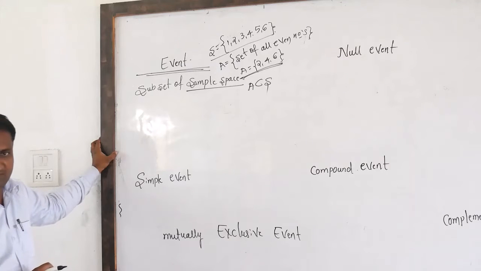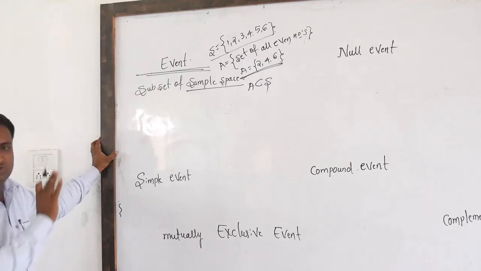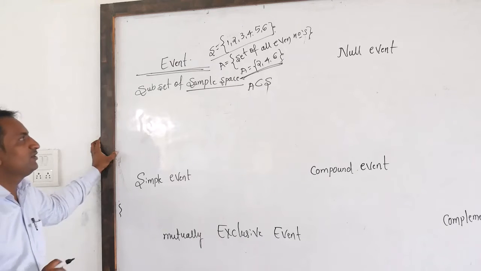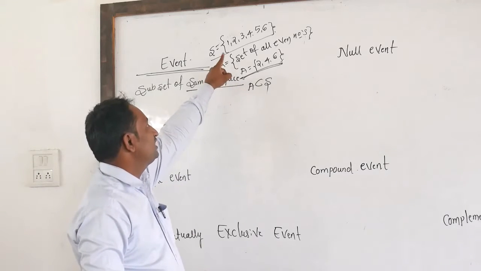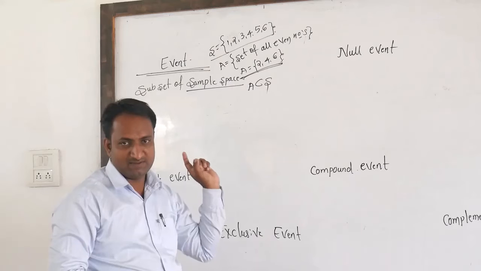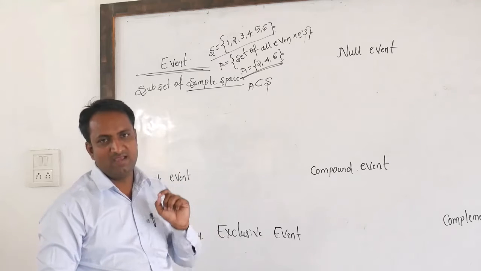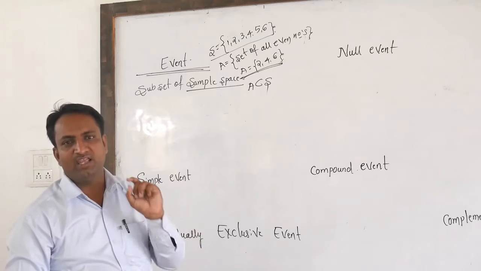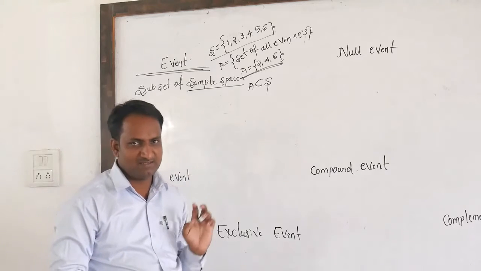Consider one event, the set of all even numbers, that is 2, 4, 6. A is a subset of S, and that's why A is called an event.